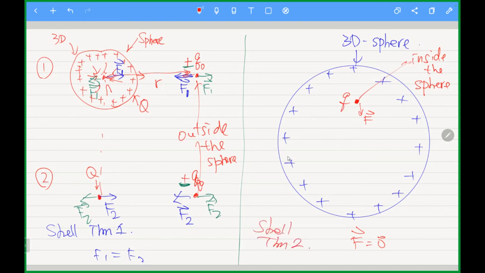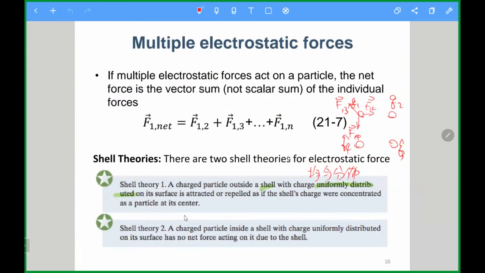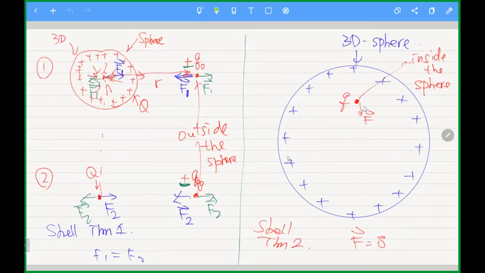So it says a charged particle inside a shell with the charge uniformly distributed on its surface has no net force acting on it due to the shell. It doesn't necessarily have to be at the center; as long as it is inside the sphere, it will be okay. You may feel it is strange, but you can try to consider it like this. For example, this is the center, and you try to connect this part.